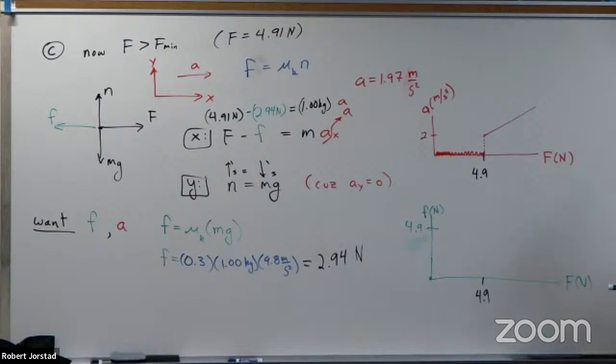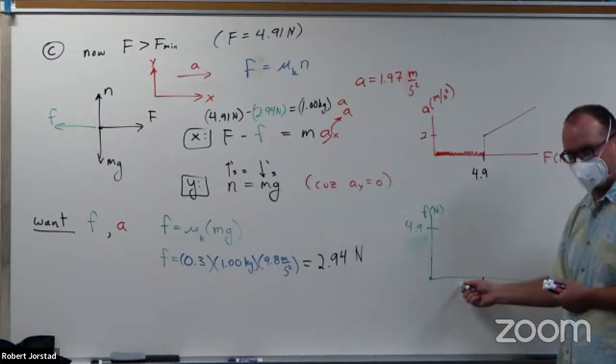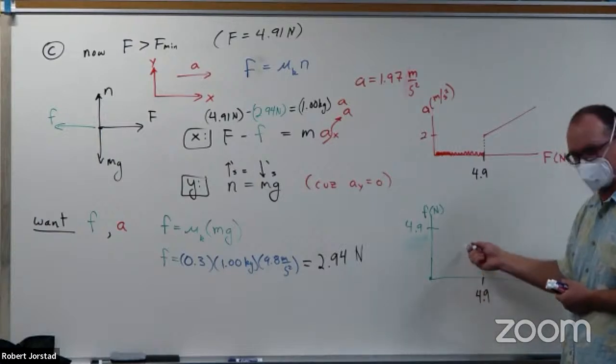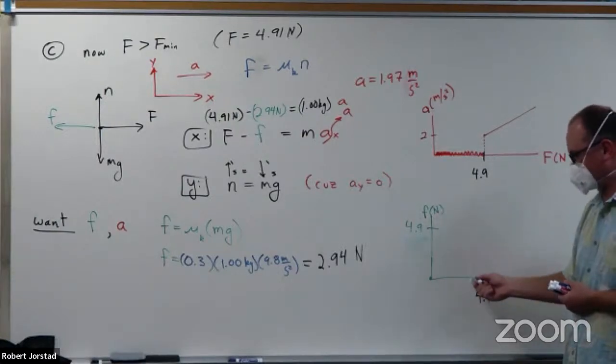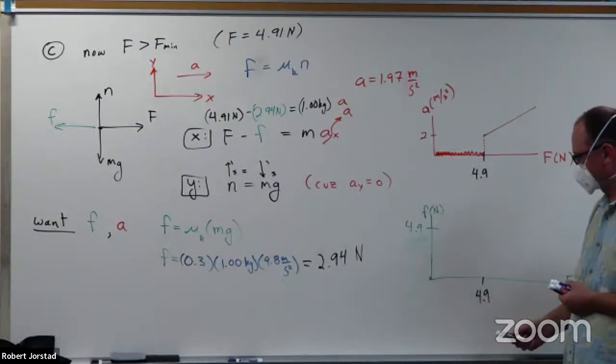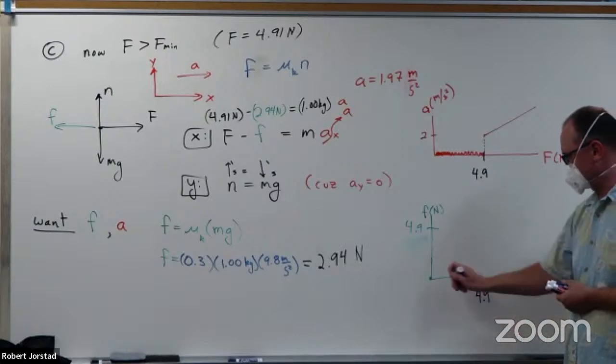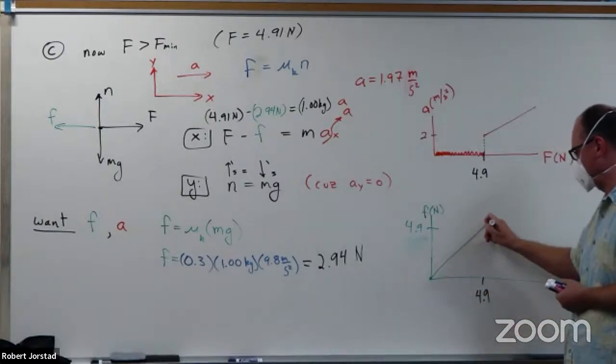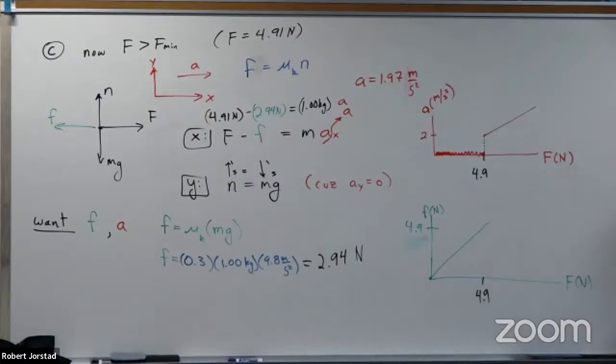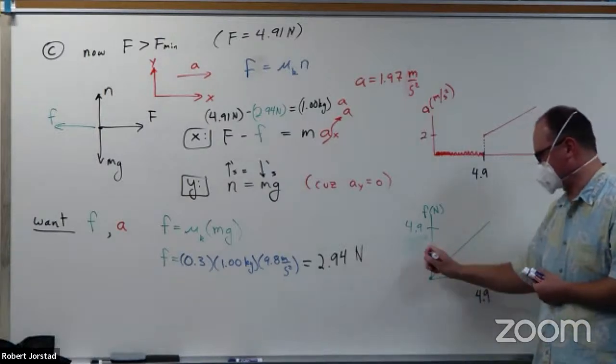All right. What if I applied 3 newtons? What was the frictional force if we applied 3? 3. If I apply 2 newtons, what is it? So this is a 45-degree angle. Now, what happens to the frictional force if you apply 4.91? It's about 3, agreed?